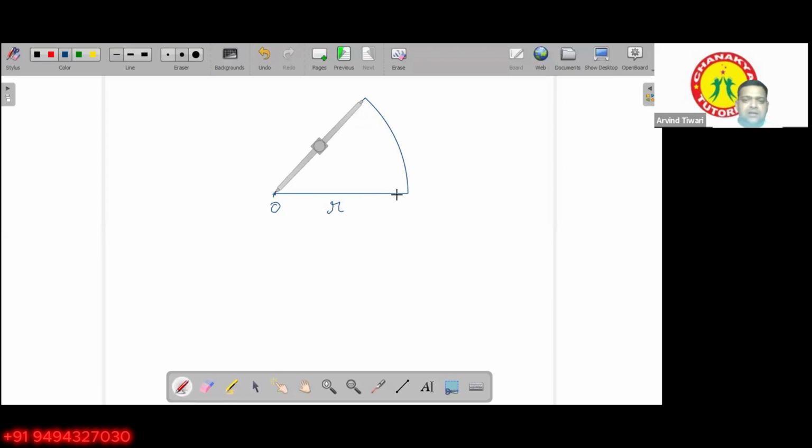If this is the radius, the part AB of the circumference, we call the length of arc, denoted by the symbol L. The angle in radian measurement is given by theta equals length of arc divided by radius.